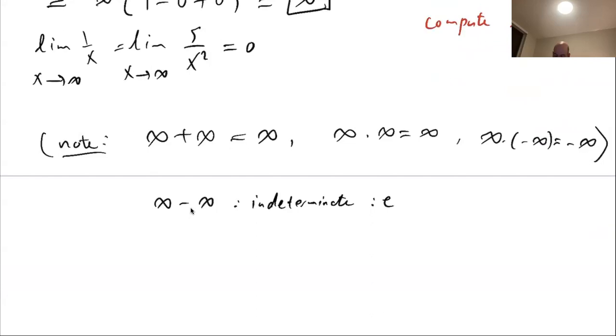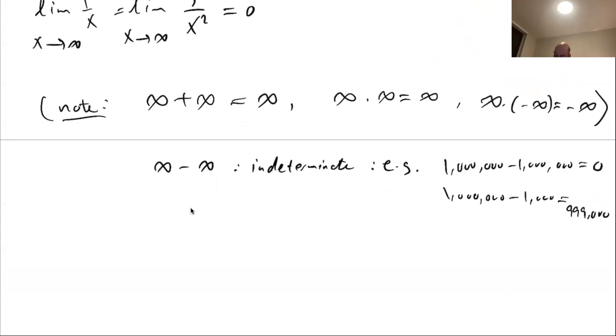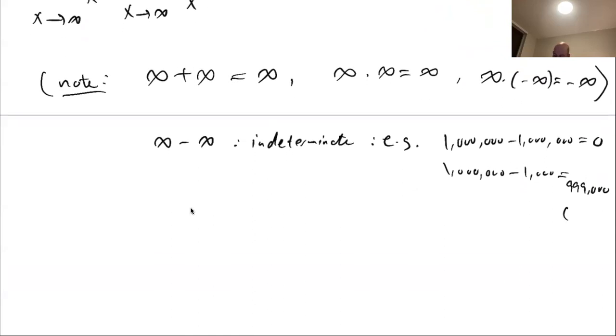For example, as I said, 1 million minus 1 million is 0, but 1 million minus 1,000 is 999,000, which is infinity, right?